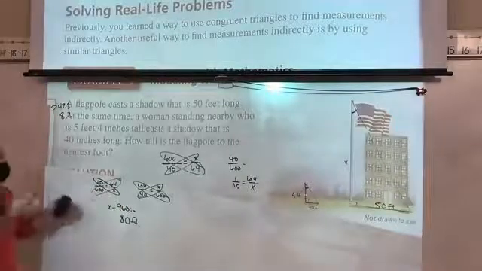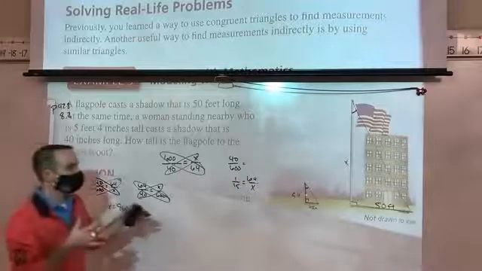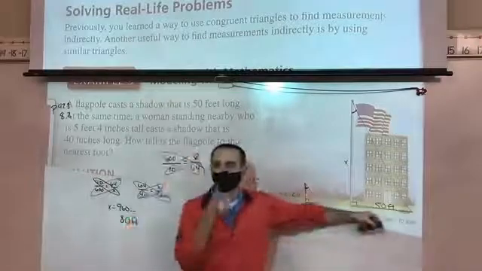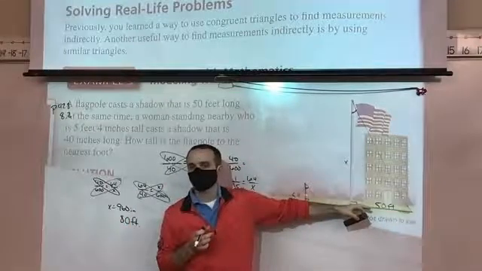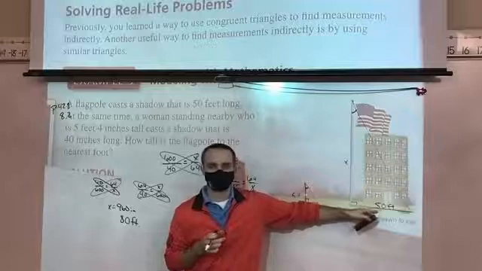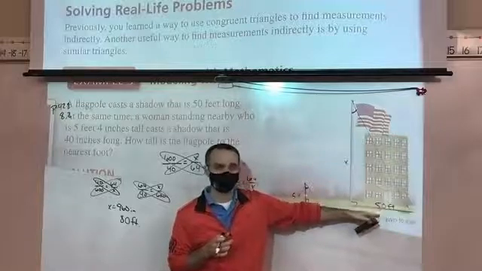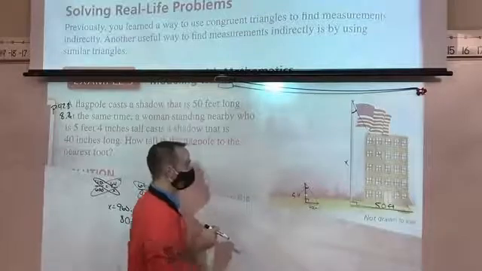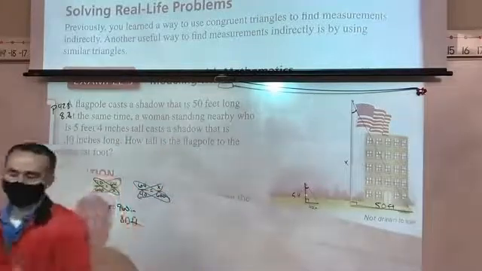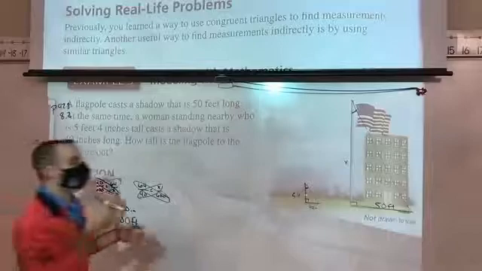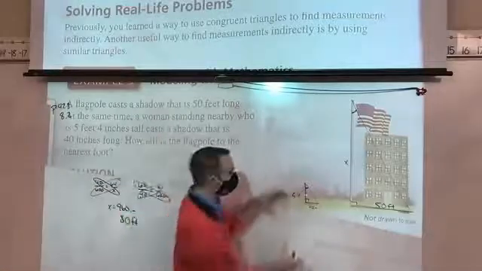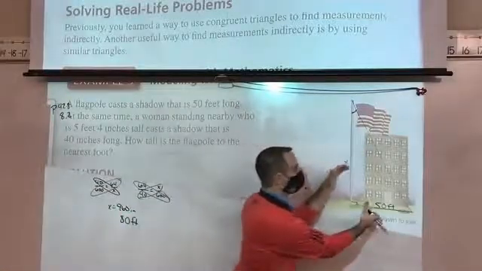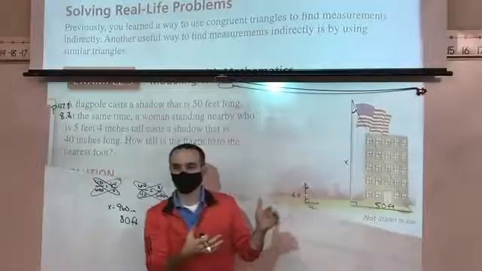Okay, we don't have to convert this 50 feet. We can leave it as 50. What needs to be true, and I know we always want the same units, right, but as long as you have the same units in each figure, those units can be different.